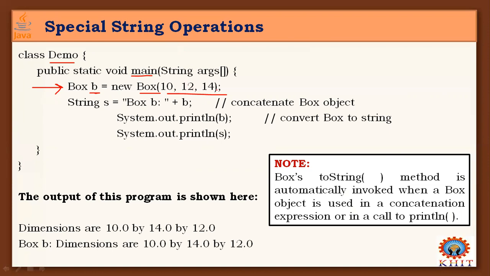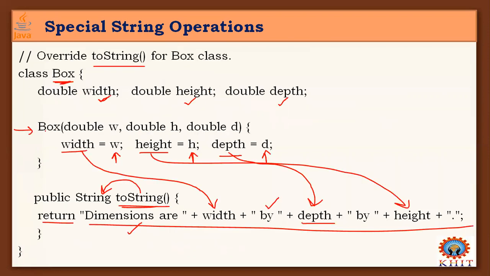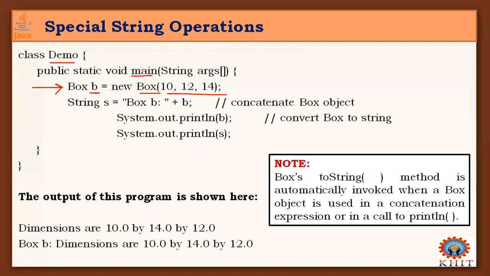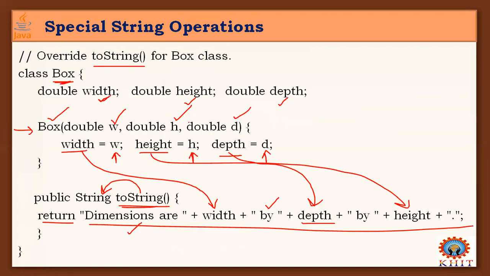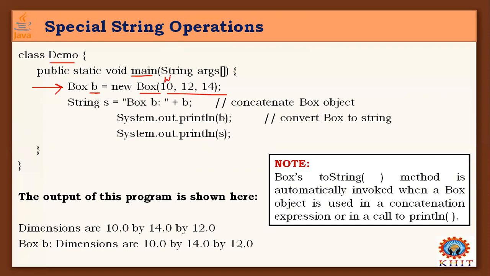For this example, we have given values for width, height, and depth like this. The constructor takes width first, then height, then depth, in the same way.